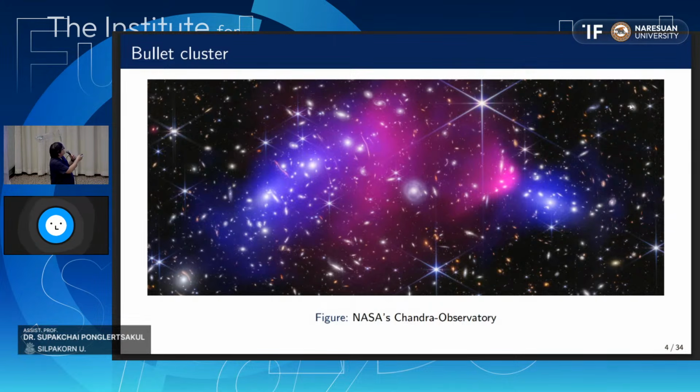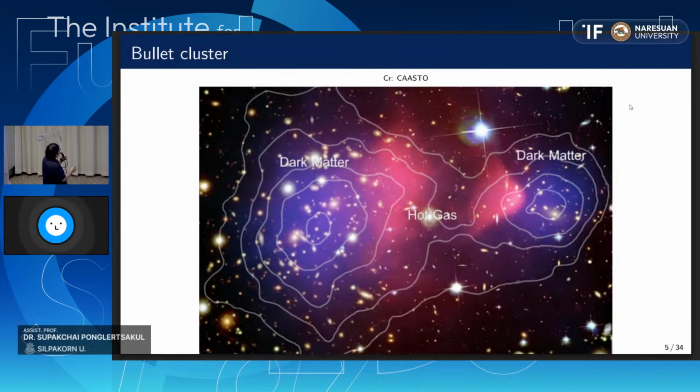So this violet region denotes the part of the space where there's strong X-ray emission. However, when we map the mass distribution of the whole process by gravitational lensing, we found that the majority of the mass is not in the hot gas, but is on the left side and the right side of the picture. If we count only the visible mass that we can see, that does not add up with the lensing that we observe.